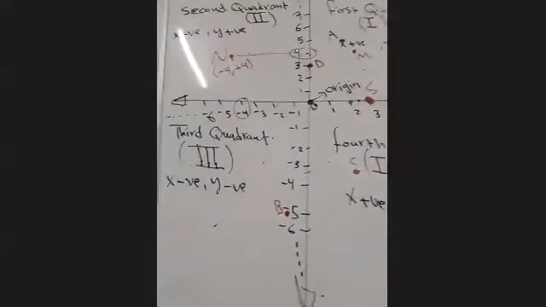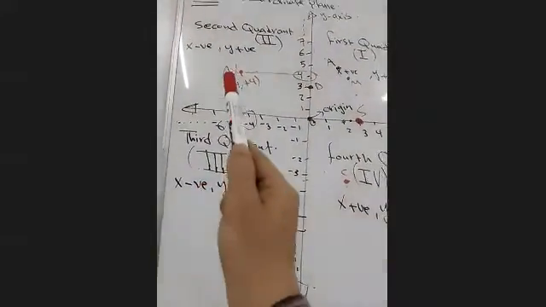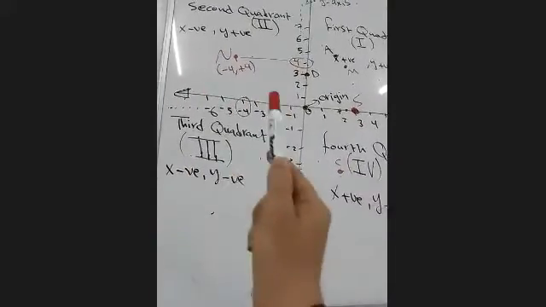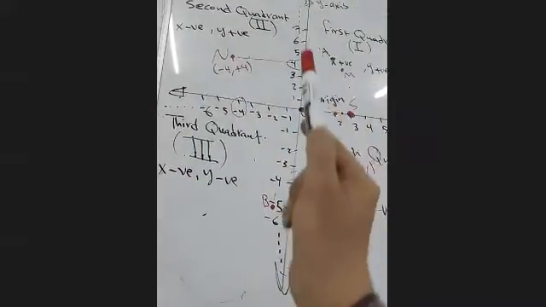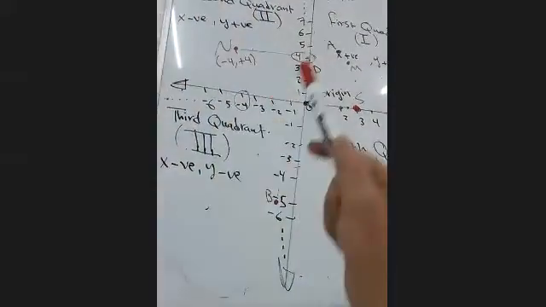The value of x, guys, is negative. The value of y in the ordered pair is positive. Where is x negative and y positive? X is negative, right? And y is positive. So this point is located in the second quadrant. So here the answer will be down, guys.